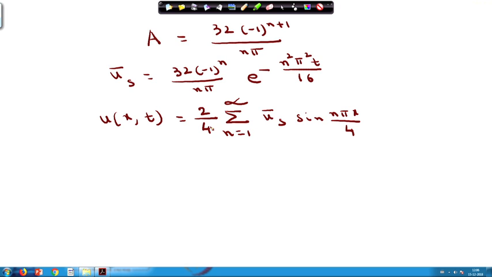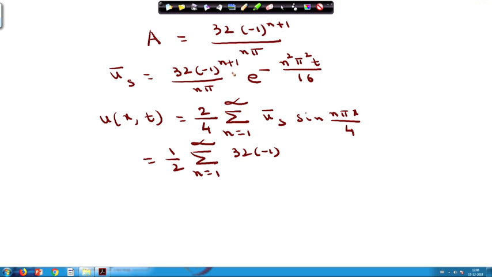So, by the formula, 2 by L summation n equals 1 to infinity u bar s into sin n pi x by 4, this equals, you can write, half summation n equals 1 to infinity, 32 into minus 1 to the power, sorry, n plus 1.